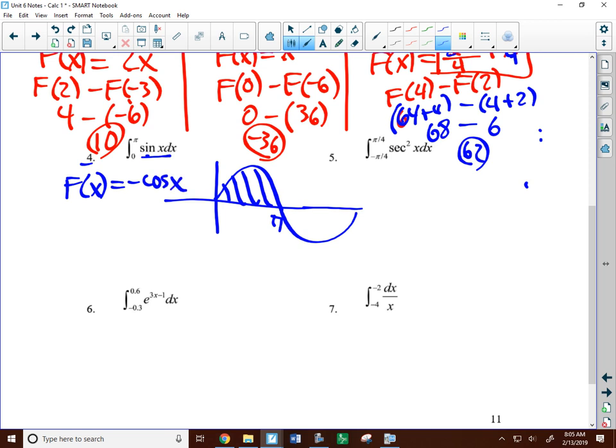So we will do f of b. I like to write this, though you don't have to write this down: f of b, which is pi, minus f of 0, that's a. So I'm plugging pi in here, so it's negative, and what's cosine of pi?